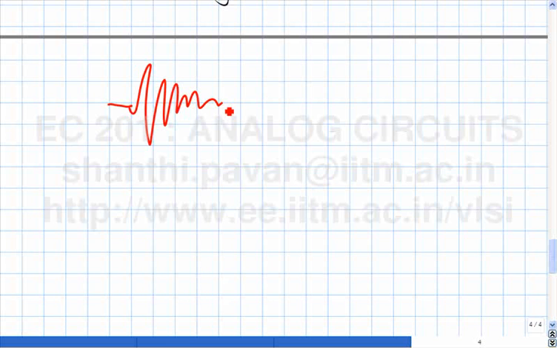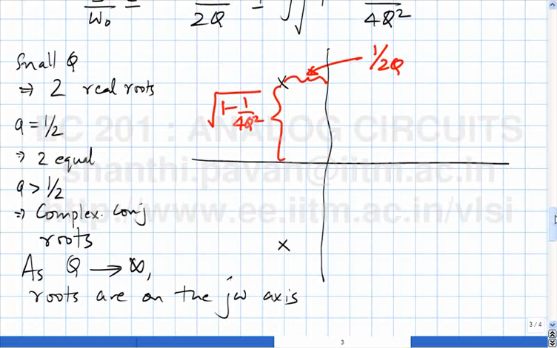This is because the quality factor of this system, which is the mass spring system that you are part of, is such that the poles are very close to the j omega axis. And what will be the frequency of these ringings? Look at the Laplace plot and pole positions and tell me.